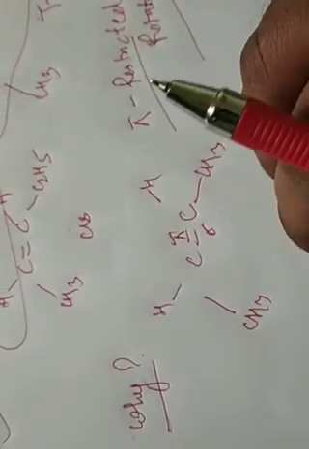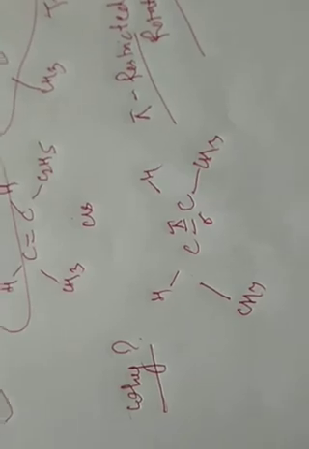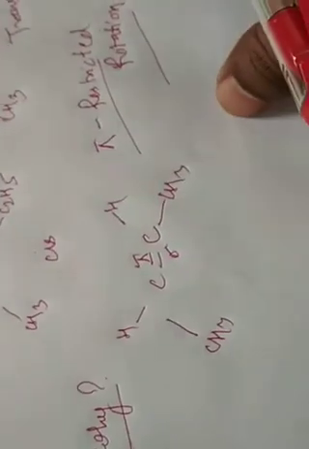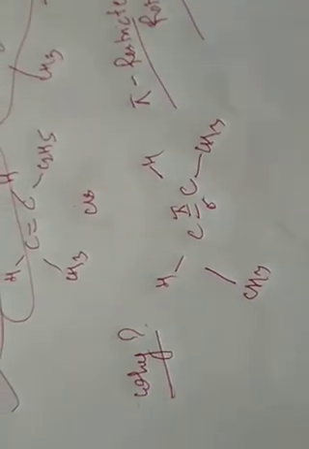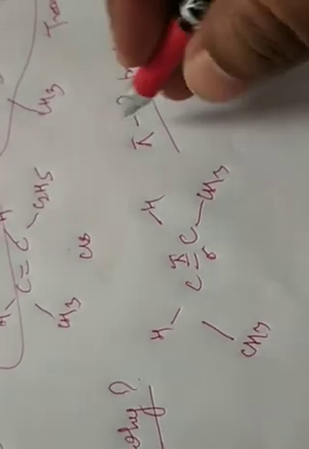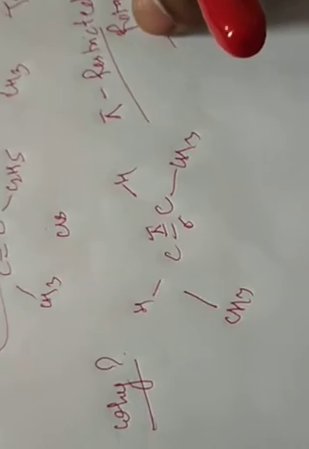Geometrical isomerism is only possible for pi bond, or double bond, compounds. Clear 100%?